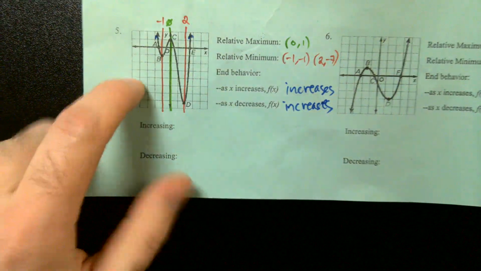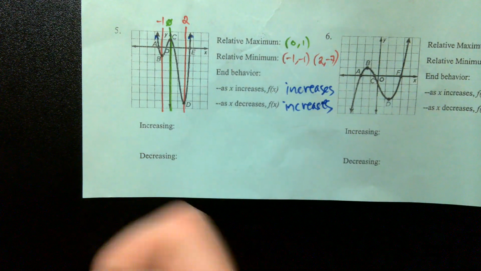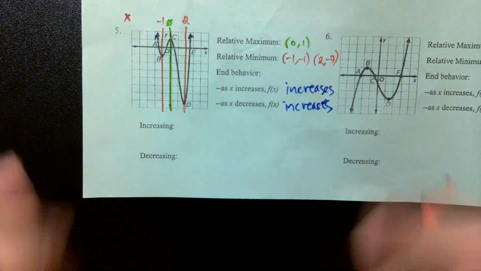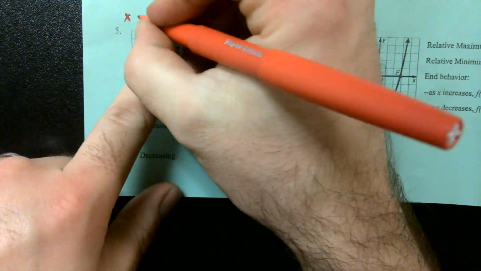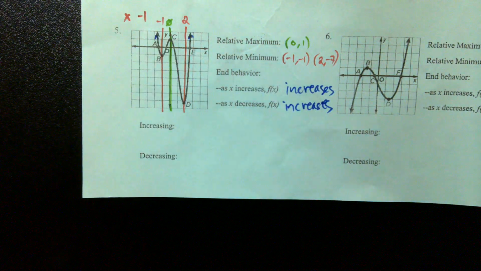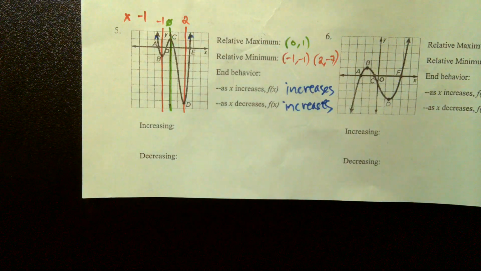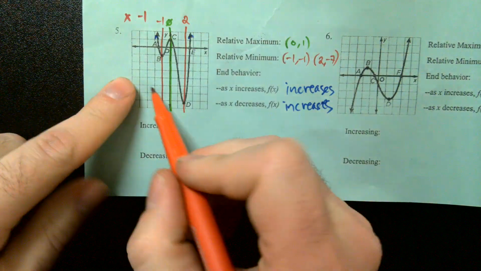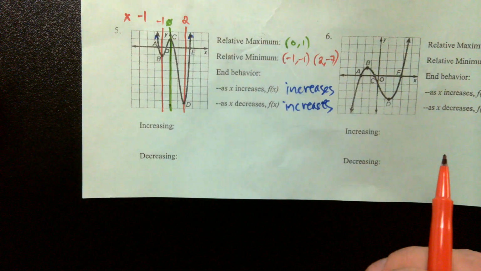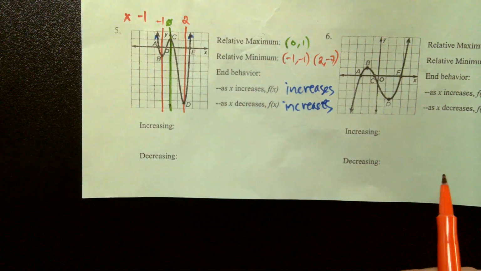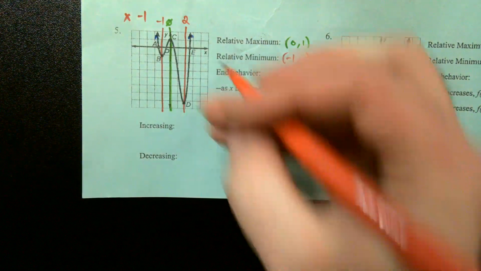Okay? So this far left section over here is all my x values that stop at -1. Are they less than -1 or greater than -1 in that section? Look at this section here. Where is it at? On the left or the right? It's on the left. So my sign should be what? Less than.